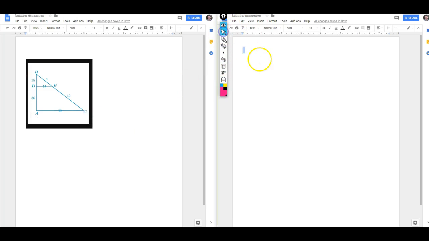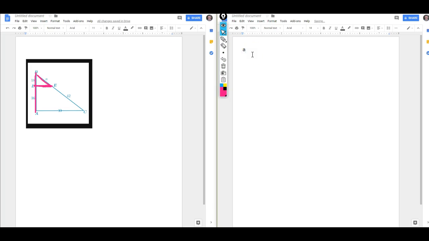So we can set up a proportion. We know that this line is cutting this segment in some sort of proportion. So we're going to just set up our proportion. We want to find little a, so I'm going to start with that.